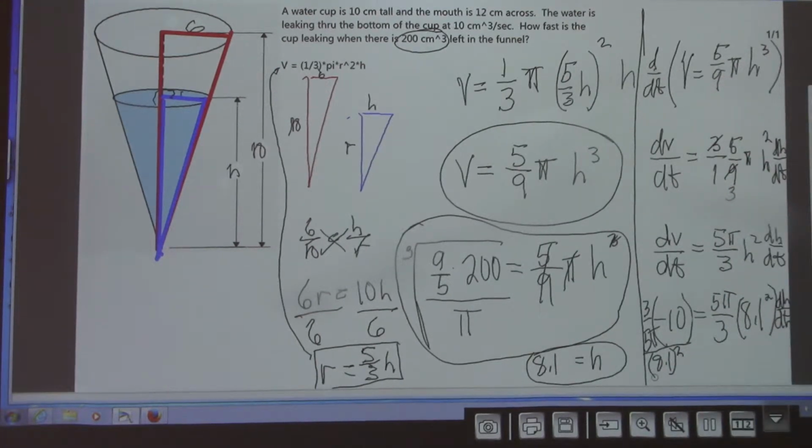Now, when you crank all that out, I get negative 0.13 centimeters per second.